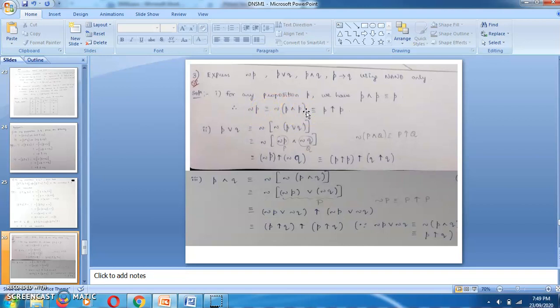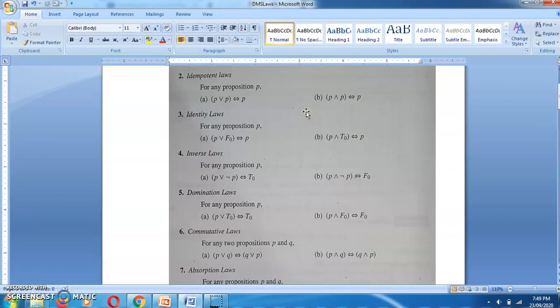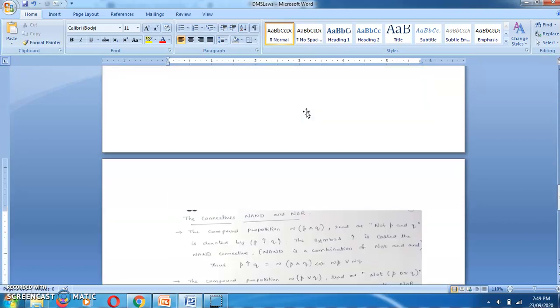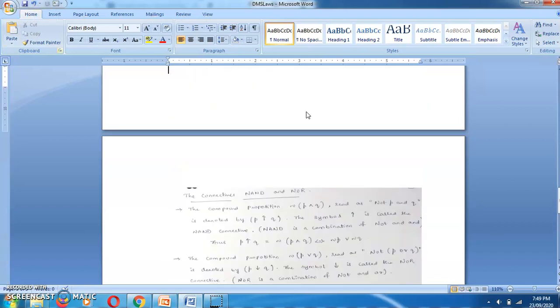In the laws of logic, I can show you that one: the idempotent law, p and p. Next we'll see the next example.